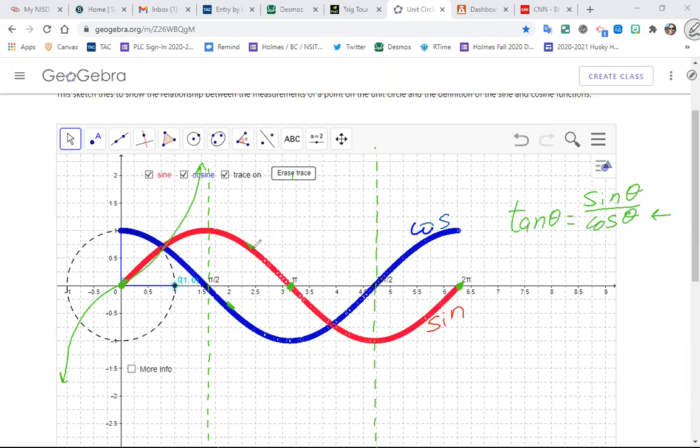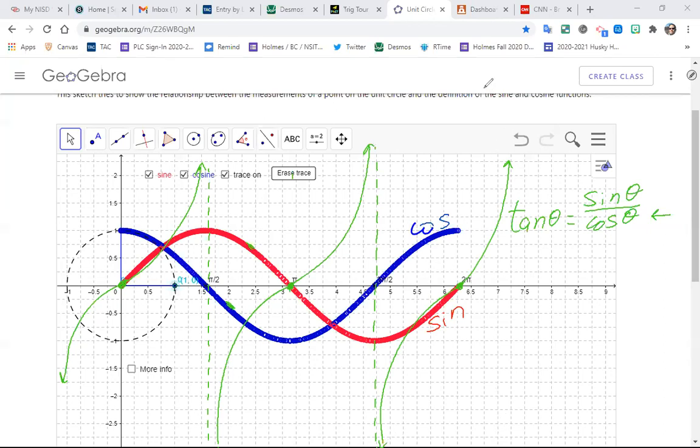So it's got to be a negative. So negative infinity is going to swoop up, go to 0, and then both things are positive, because two negatives make a positive. So like this, same pattern, and then the same pattern going on this way. So that is why the tangent function looks the way it does.